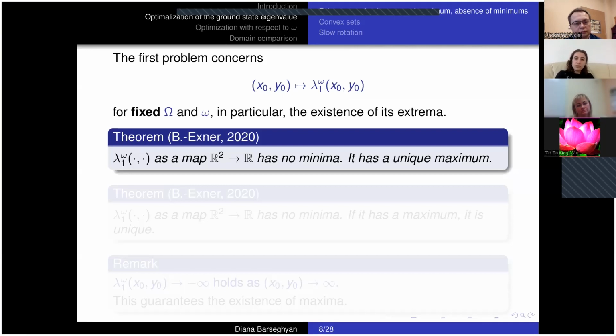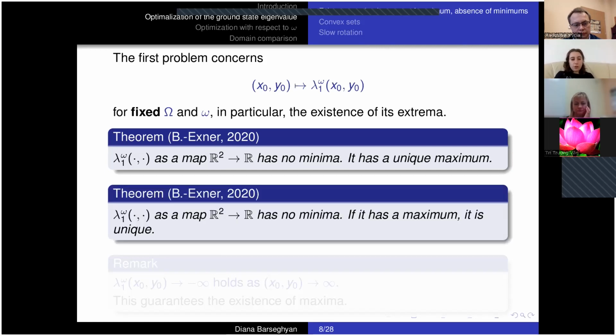The question is to prove the existence of extremal points, and where to put the center to get the extremum. So in the first theorem, we prove that λ1 as a map from R² to R has no minimum, but it has a unique maximum.